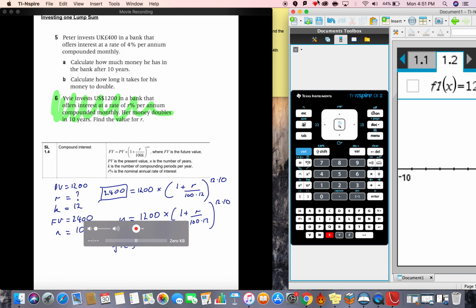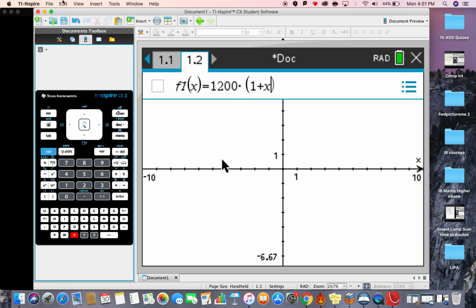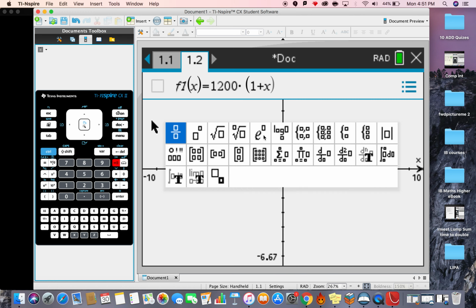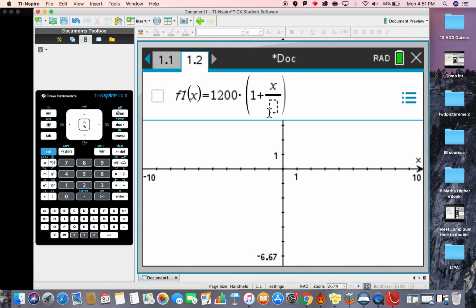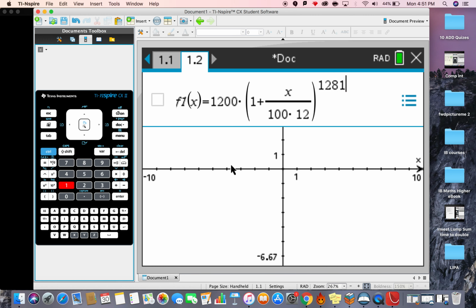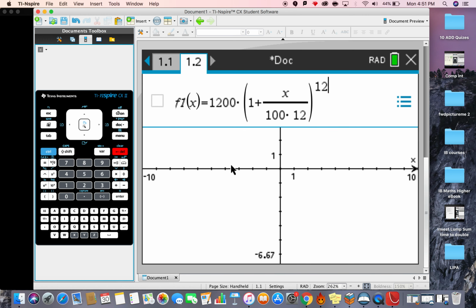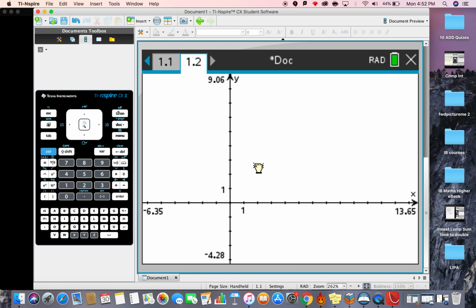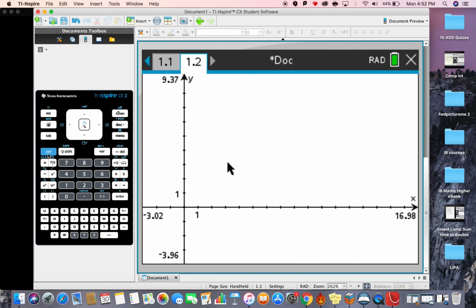If you're unsure about that, look at the formula again. 1 plus x over 100 times 12, and this is to the power of 12 times 10. When I press enter, you don't really see anything there because you have no idea where this graph appears.